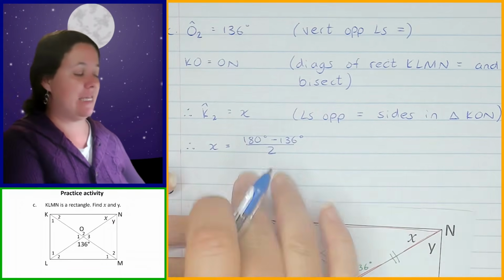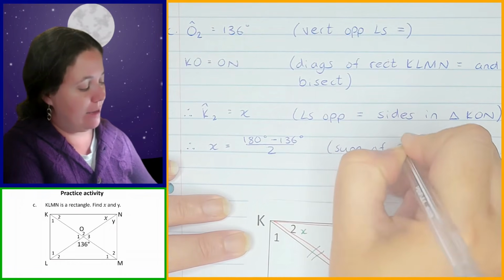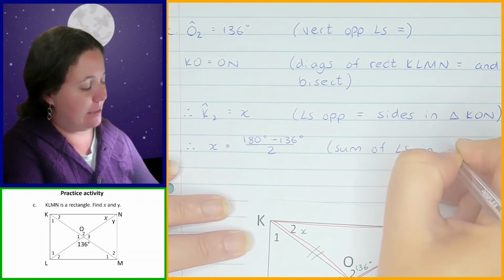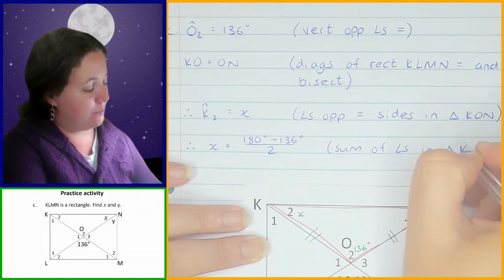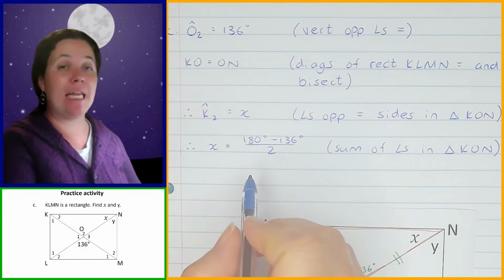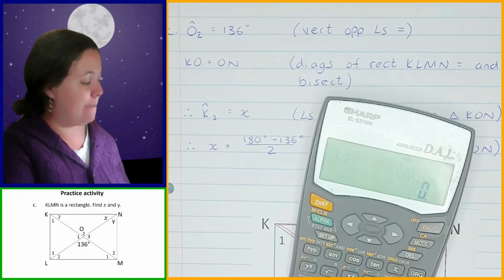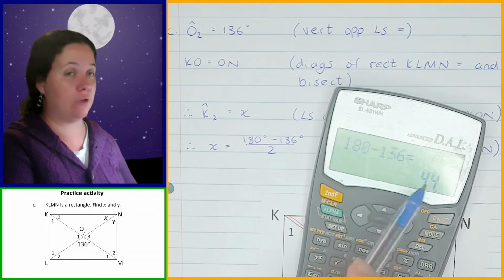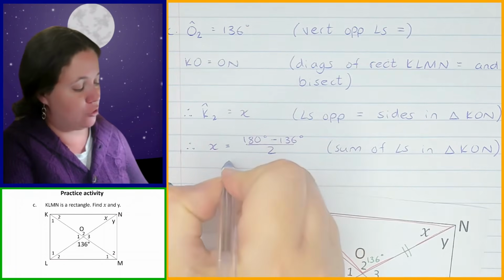And the reason I can say that is because of the sum of the angles in triangle KON. Okay, now we can go and work out the size of x. Let's say 180 minus 136, and that gives us 44, and then divide that by 2 to get 22 degrees for x.